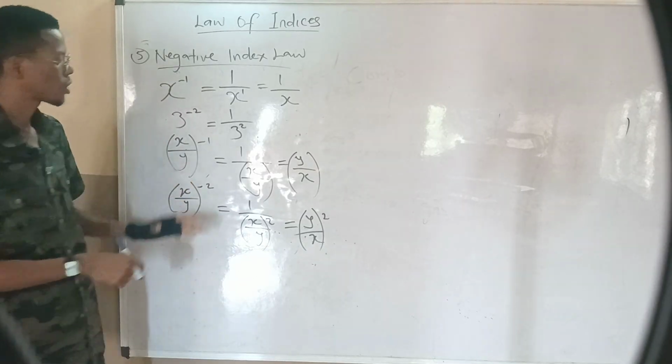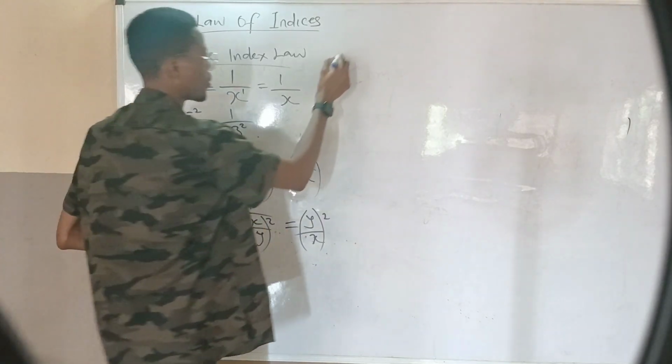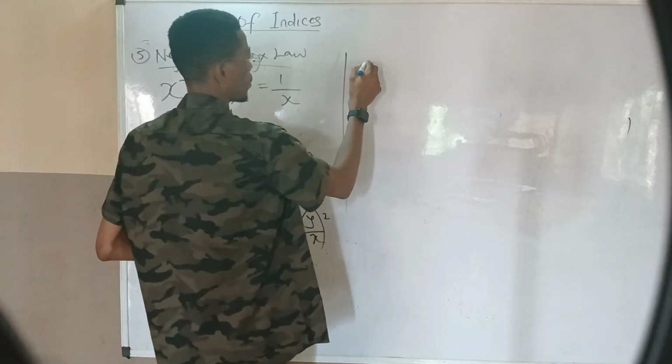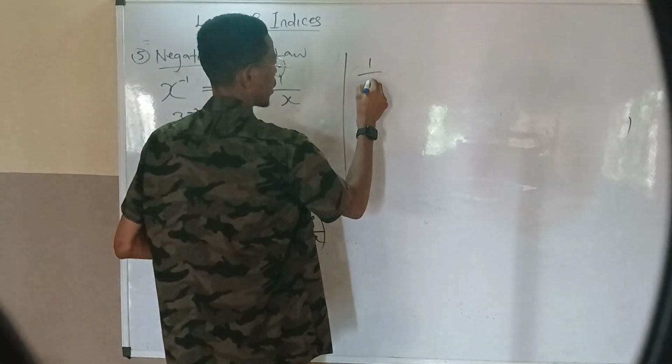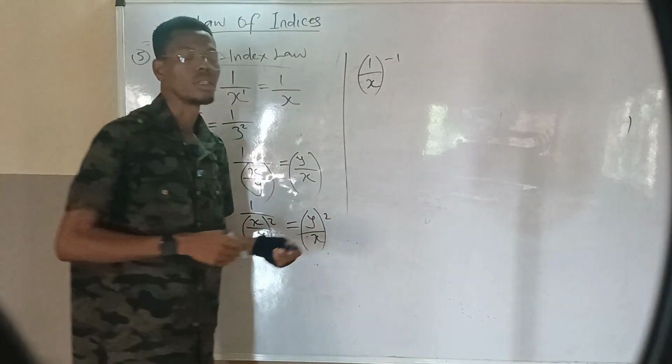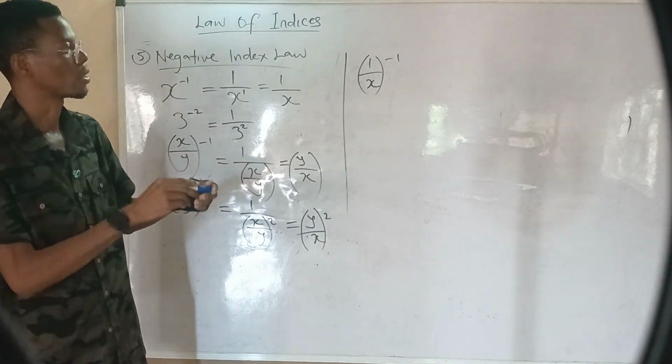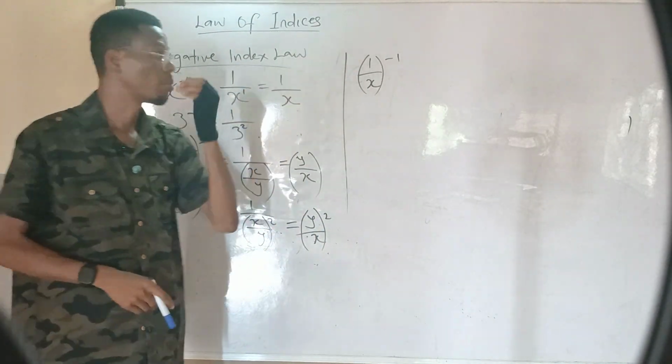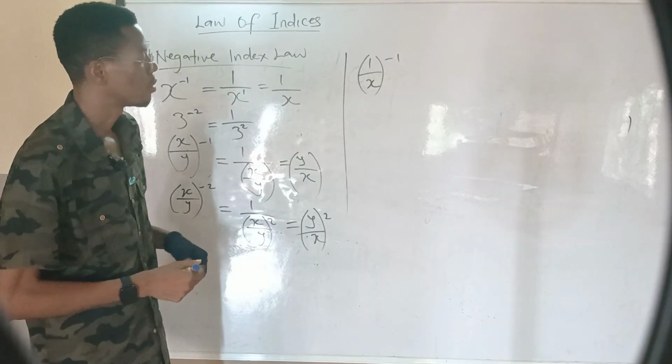Also, in the negative index law, if you have 1 over x raised to the power of minus 1, what do we have here? Very simple.